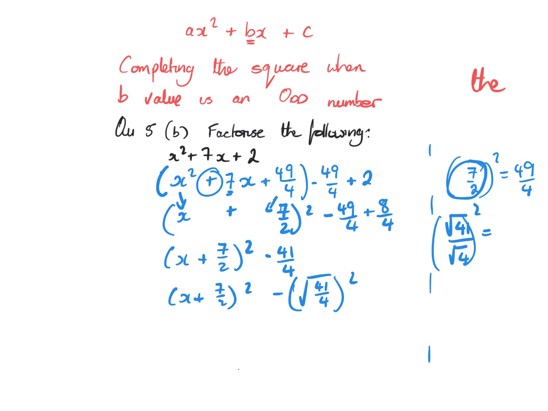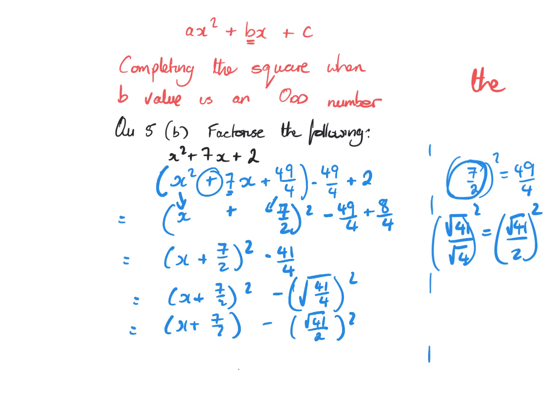Alright, so square root of 4 is 2. So it's actually the square root of 41 on 2, all squared. So let's just write that there to make it nice and tidy. Square root 41 on 2, all squared. I now have the difference of two squares.